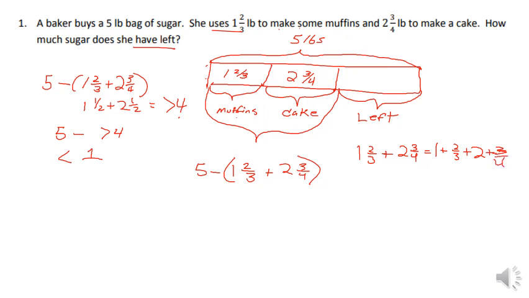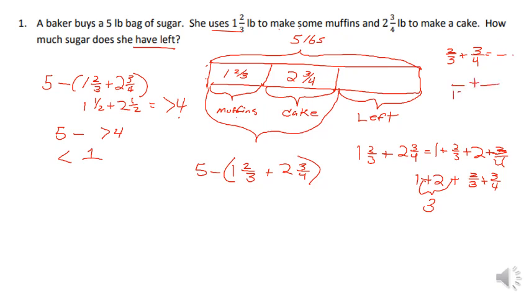And when we rewrite it, we know this is 1 plus 2 plus 2/3 plus 3/4. And we know these two are going to end up being 3. Now let's come up here and let's do our 2/3 and 3/4. So 2/3 plus 3/4, and I'm going to do them underneath of it.